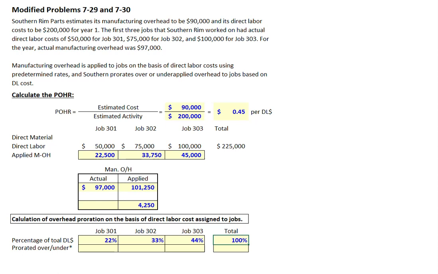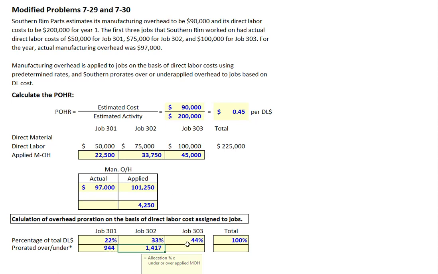So the overhead that we're going to prorate to job 301 will be the 22% multiplied by the $4,250 in over-applied manufacturing overhead. So we'll have a proration of 944. For job 302, we'll take the 33% and multiply it by the 4,250, and we get 1,417.